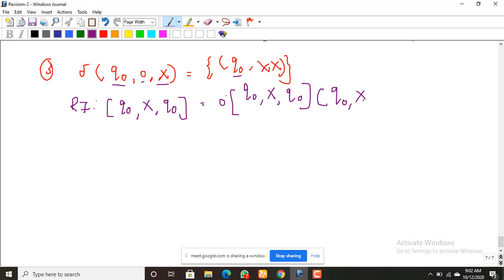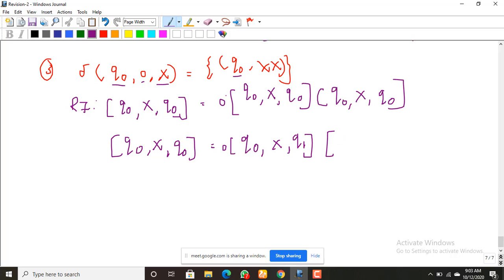Then for the second X case, it ends with Q0, so it also ends with Q0. Next, the same thing: Q0 X, Q0, 0, Q0 X. This is the Q1 case; it ends with Q1, so it starts with Q1, then X, Q0. This is rule number 8.